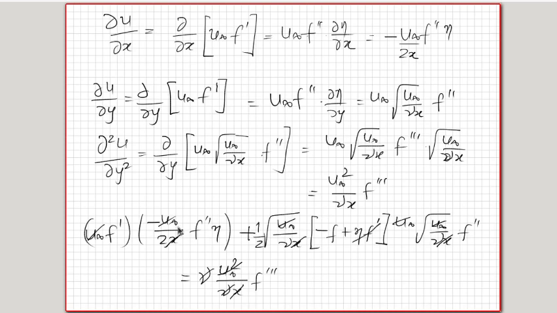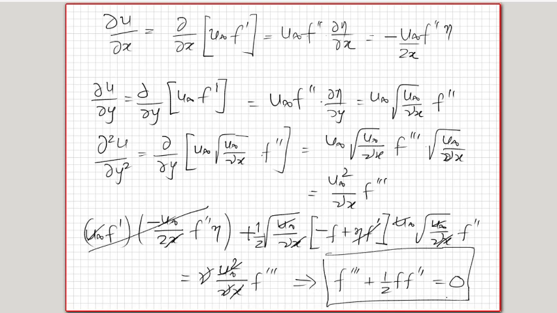So this term gets cancelled with this term entirely. So what remains therefore is f''' here, and there is a half f'' with a minus sign. Okay, so if I take both to one side, I'll get f''' plus half f'' equal to 0. That is the equation that I get. So this is the similarity equation that I get from the original equation.